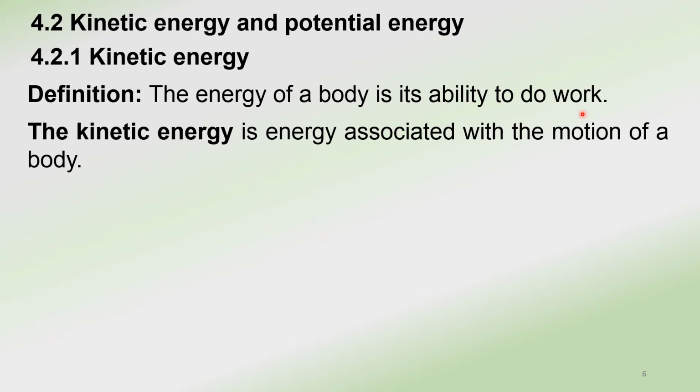It's the reason why we need to define two types of energies. The first one is kinetic energy. Kinetic energy is the energy related to the speed of a moving body, which means that kinetic energy is an energy associated with the motion, because the motion of a body is described by its velocity.